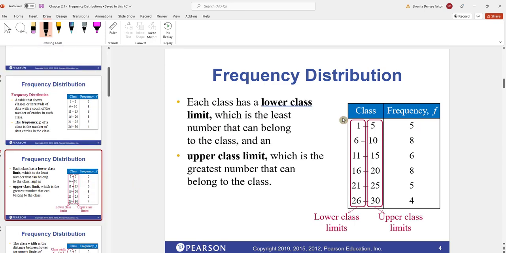Each class has a lower class limit and an upper class limit. The lower class limit is the least number that can belong to the class, and the upper class limit is the greatest number that can belong to the class.